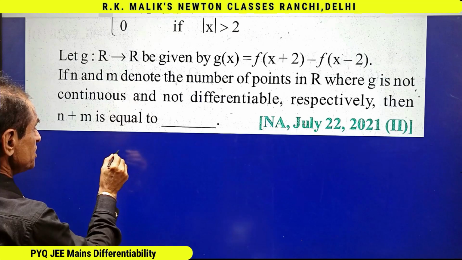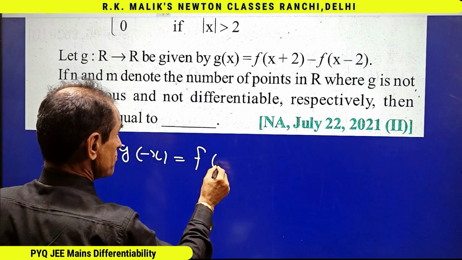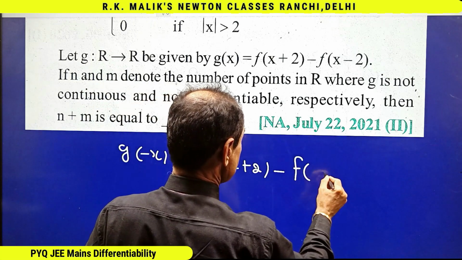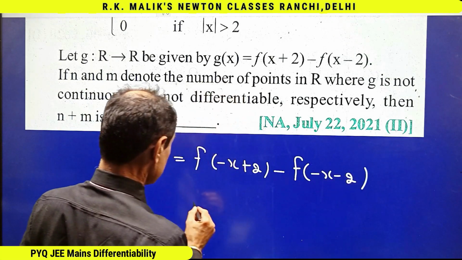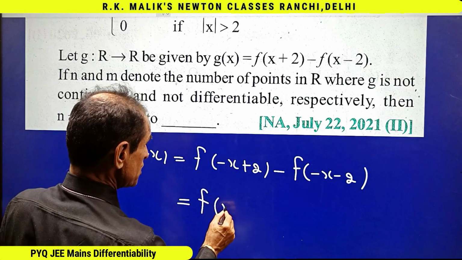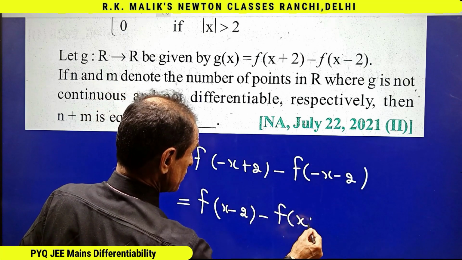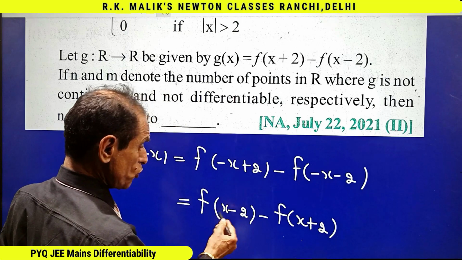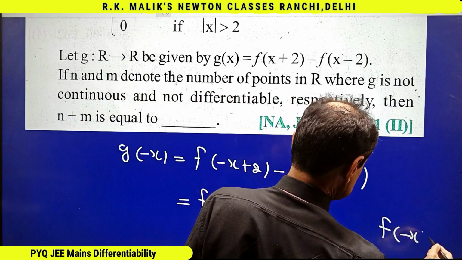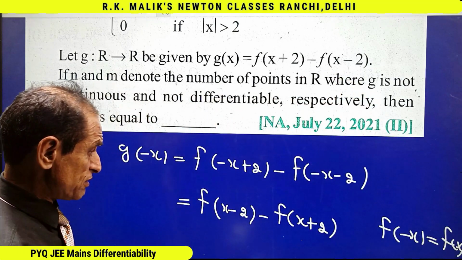How? See, g(minus x) will be equal to f(minus x plus 2) minus f(minus x minus 2). That is f(x minus 2) minus f(x plus 2). Note that here I have used that f(minus x) is equal to f(x), because f is an even function.